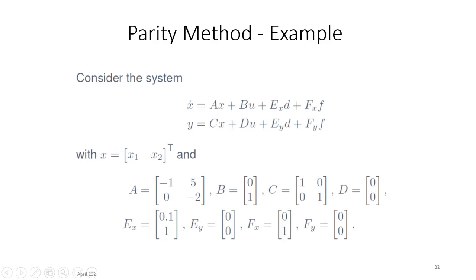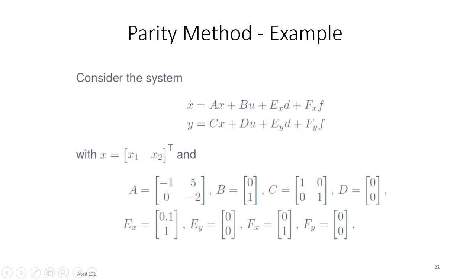If you look at these two, if they were exactly the same, then I talked about how the fault would definitely not be detectable, because fault and disturbance would be affecting the system the same way. Now, because they affect it differently, we can make the residual sensitive to the fault and ignore the disturbance.